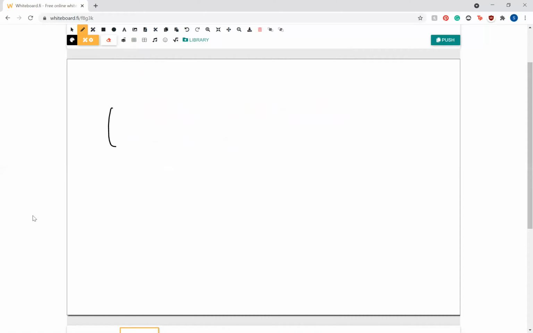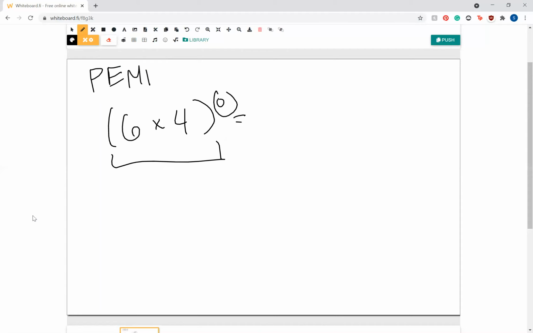So if I gave you, how about 6 times 4 in parentheses to the power of 0? Well, we look at that and we see, okay, we have parentheses here, we have an exponent here, there's a lot of stuff going on, so we're going to need order of operations, our good old PEMDAS.